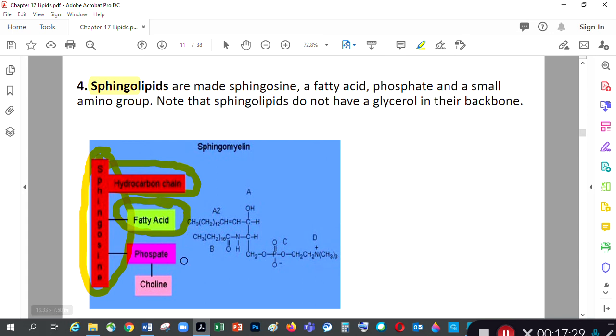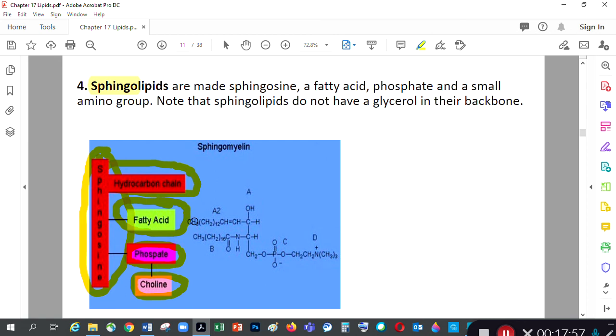Okay, because they have to be based on fatty acid. So one fatty acid is there, and the phosphate, like the phospholipids, and the amino alcohol, choline, is there. So they are very familiar with the phospholipids, but the phospholipids do have what? Do have a glycerol, but this one does not have a glycerol, missing a glycerol.